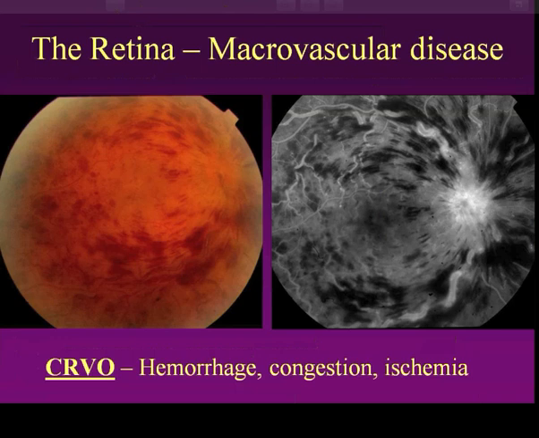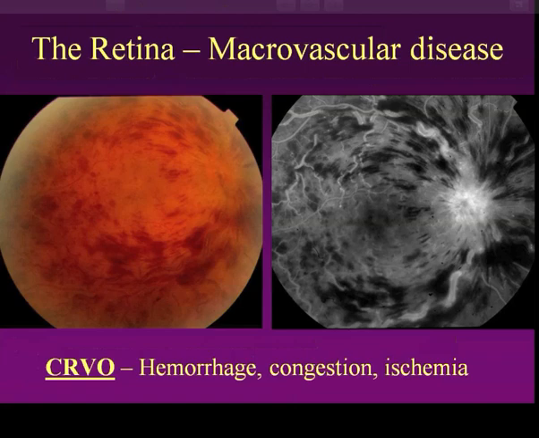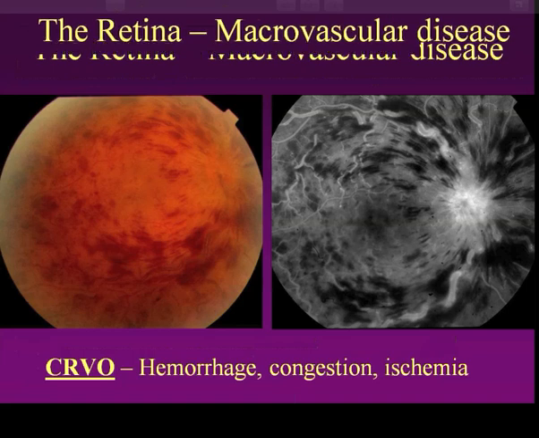Here's a classic central retinal vein occlusion. They describe this as blood and thunder, and I've seen this picture on many USMLE exams. The fluorescein shows the dilated tortuosity of the retinal veins, and the optic nerve is swollen because of the vascular congestion.